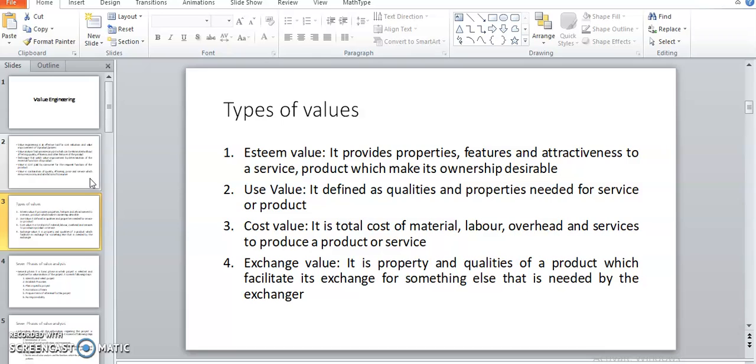It is again defined in terms of the quality and properties of the product, which we can exchange for another one according to the exchanger's desire. So there are these four types of values.